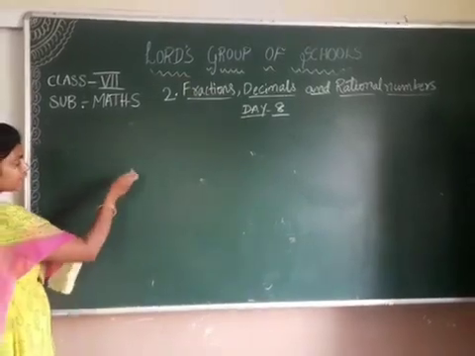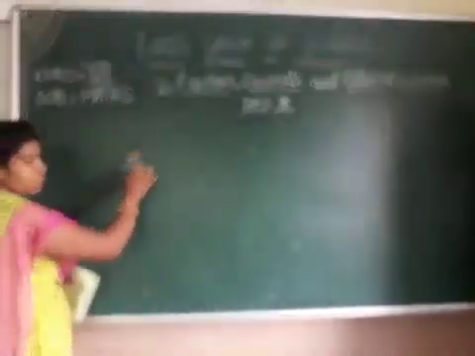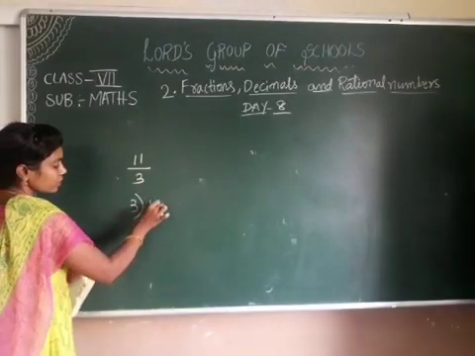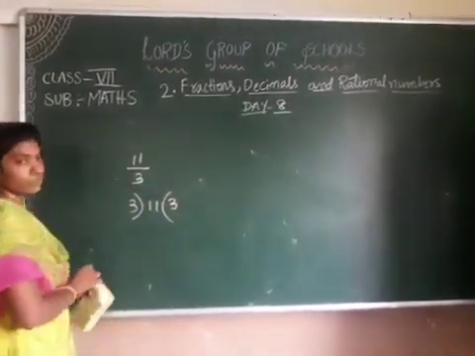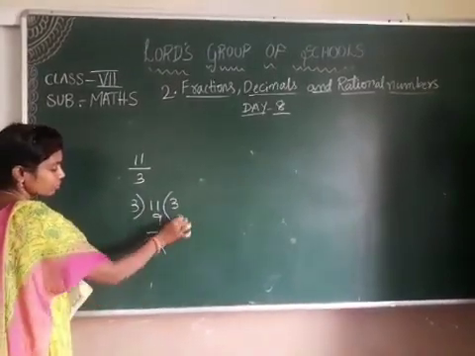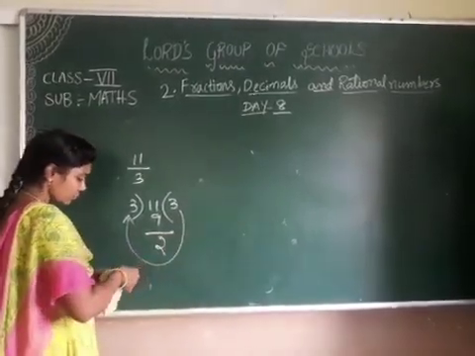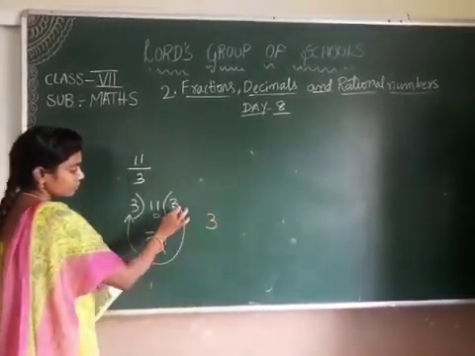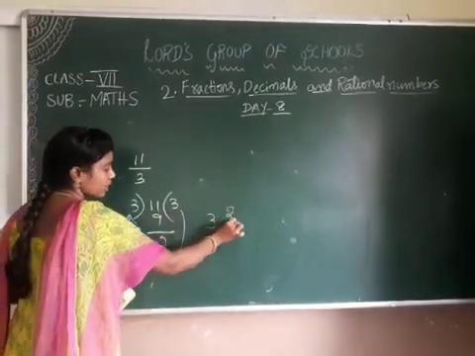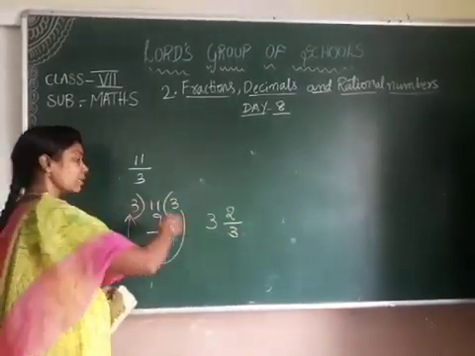Now the opposite. How should we convert improper to mixed? One more example: improper fraction 11 by 3. Here the numerator is more and the denominator is less. We can divide 11 by 3. 3 3s are 9. 11 minus 9 is 2. So in reverse U form, you should write the mixed fraction: first write the quotient 3, then the remainder by the divisor.